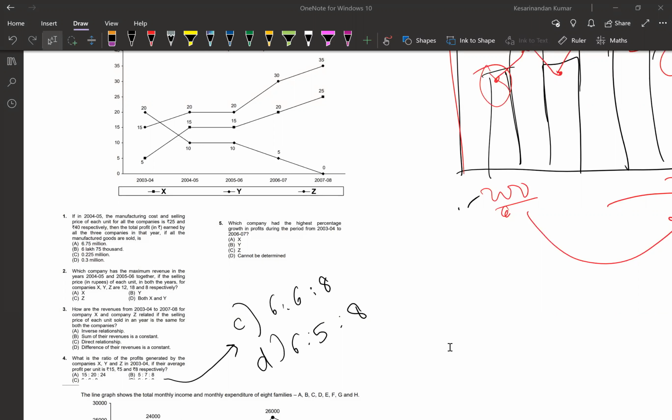You can name it inverse proportion, or you can even say the sum of the revenues is constant, but for that you will have to do calculations. You will have to add, which is not the exact case. Like first year it is 25, second year is 35, then 35, then 25, then 25. So that's not the case. So inverse would be a better one, I would say.